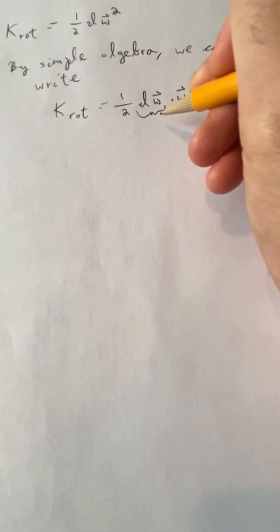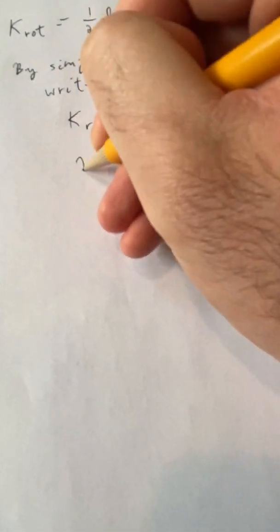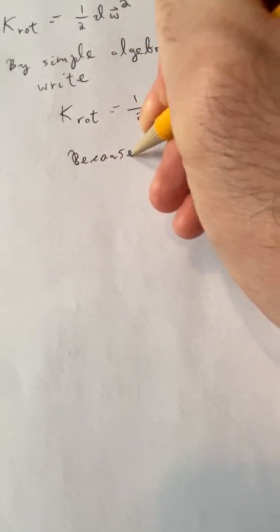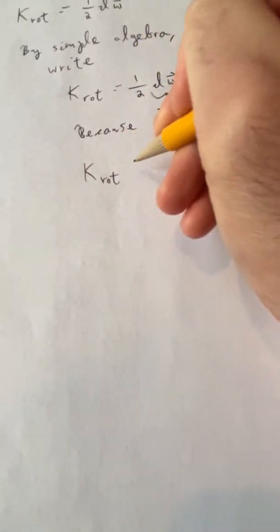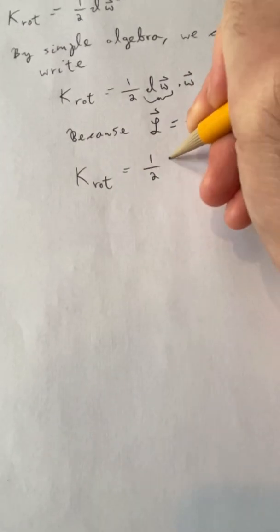We simply take this omega squared and turn it into omega times omega, okay? And what's useful about this is, if we look at this quantity here, I omega, because L, that angular momentum, equals I omega, we can say that rotational kinetic energy equals 1/2 L omega, okay?